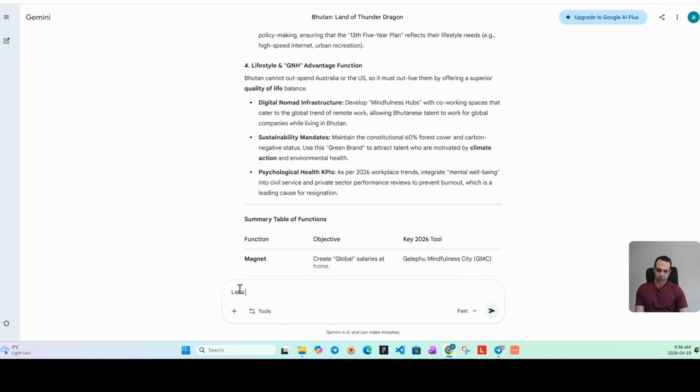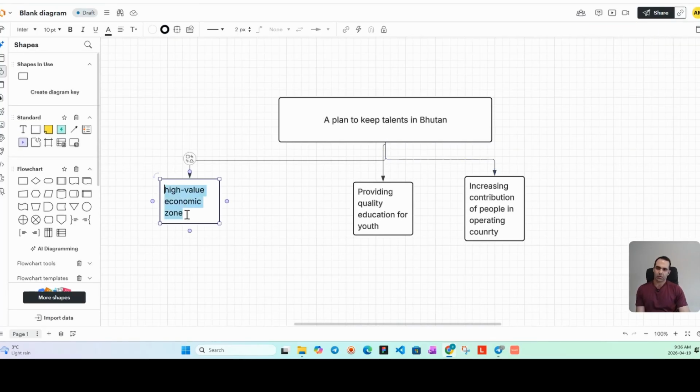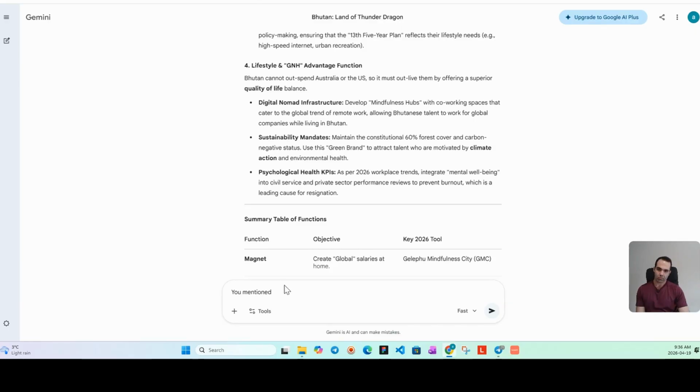Let's focus on the high value economic zone you mentioned, making a high value economic zone for Bhutan.